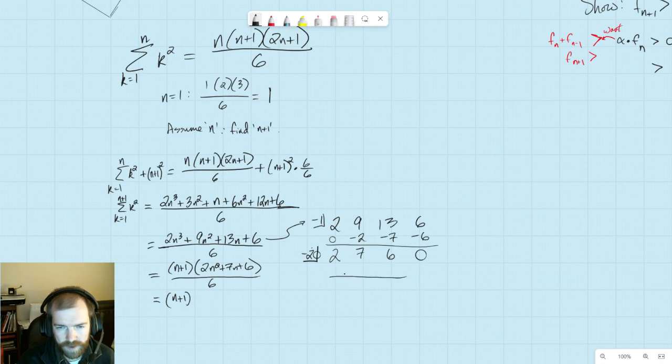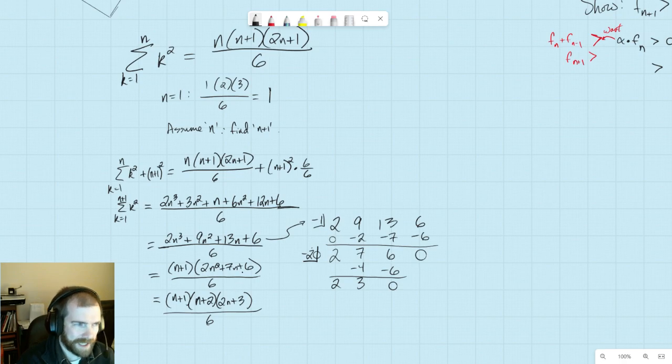So this should be 2, -4, 3, -6, and 0. So this factors out n plus 2 as well. And then we're left with a 2n plus 3 multiplied by 6. This is not exactly the same as what we have up top, but that's okay.